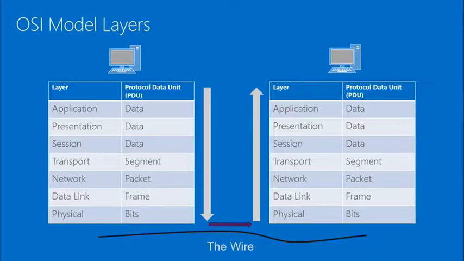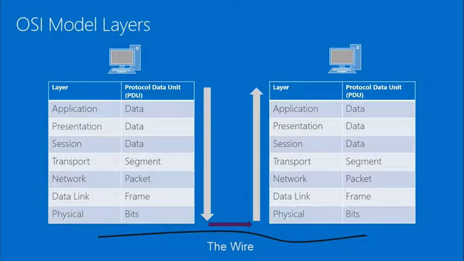So the OSI model layers, basically what we have here is, as we mentioned, it allows devices to intercommunicate. So what you see here is one device on the left-hand side under the title that needs to intercommunicate with the other device. Maybe it's requesting a web service, a file and print service, maybe it's printing, whatever, there's communication.